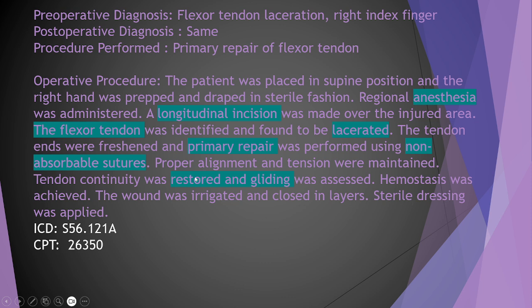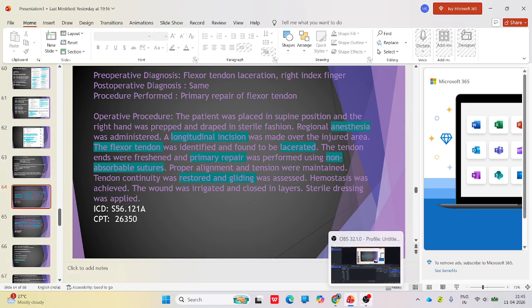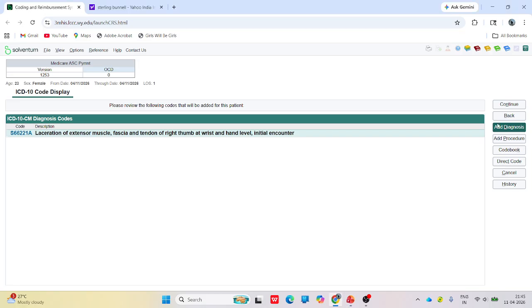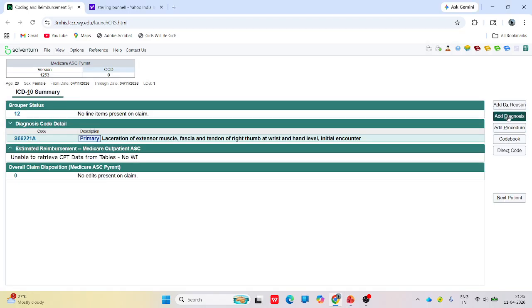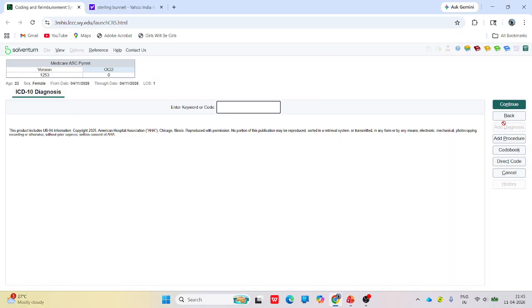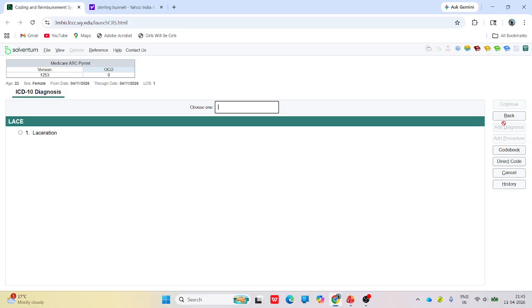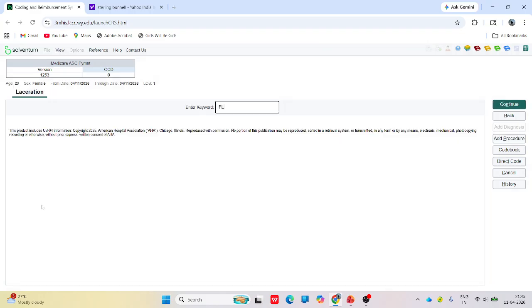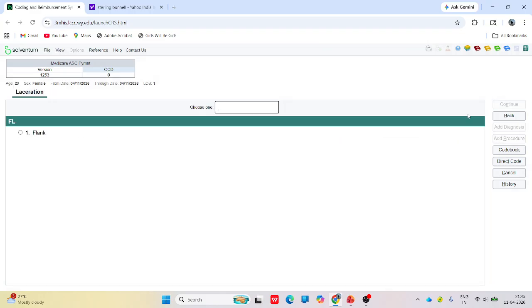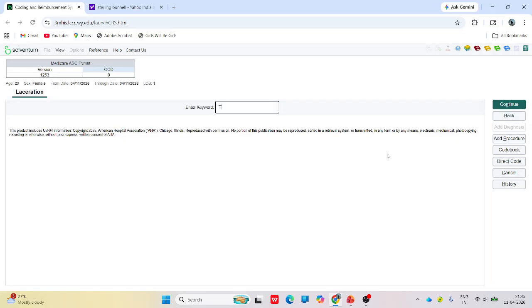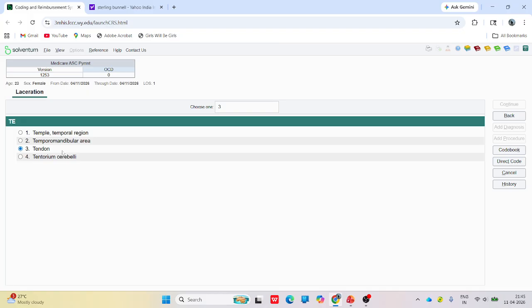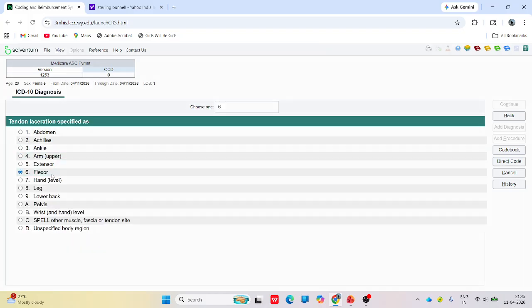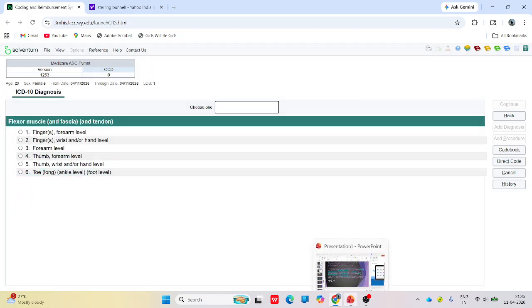So I will show you the navigation. First diagnosis is flexor tendon laceration. So again we'll add the laceration, tendon, it's a flexor. And what is the region?